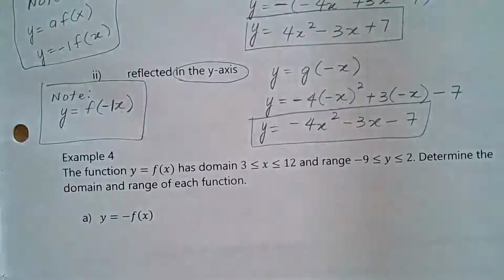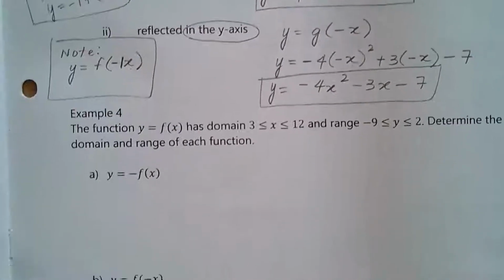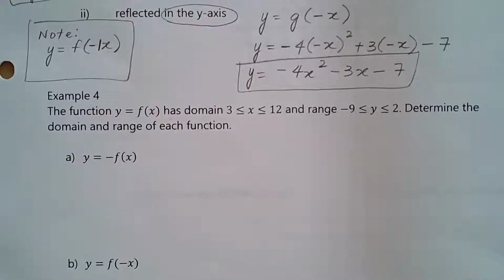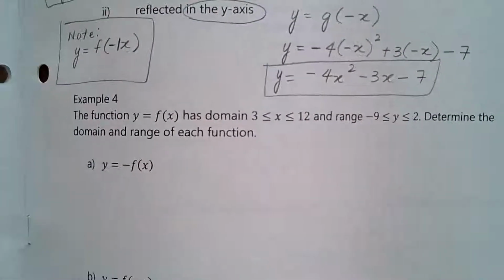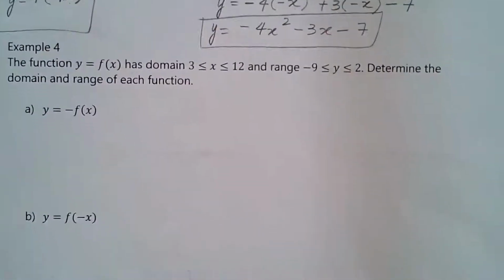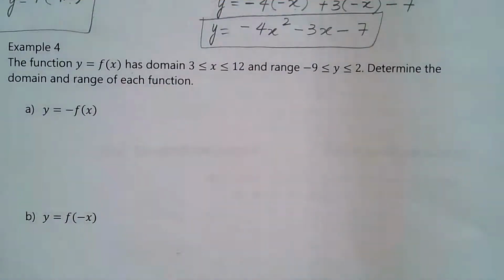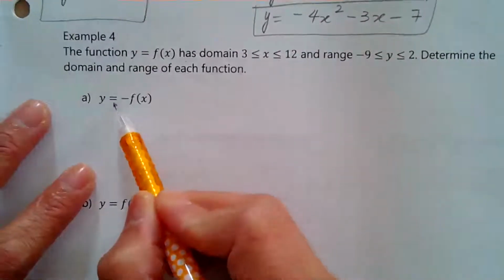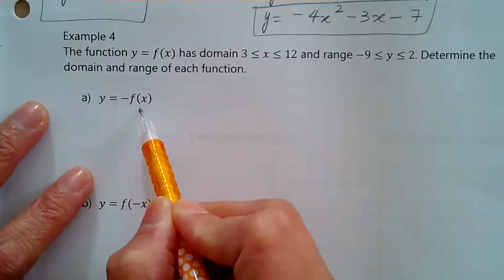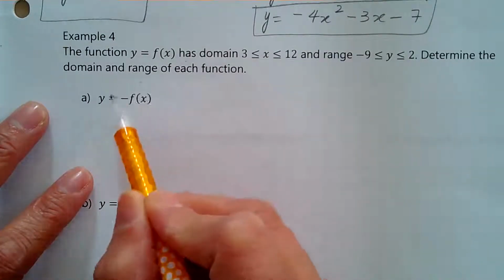Is that okay? Let's take a look at this. Now this one here kind of gives us a domain and range. So what would happen if we have y equals negative f of x? What's happening in here?